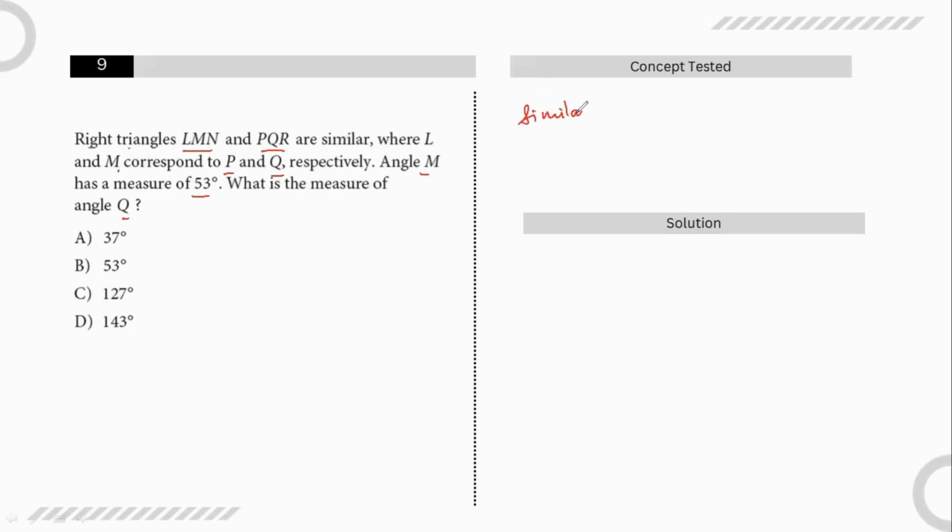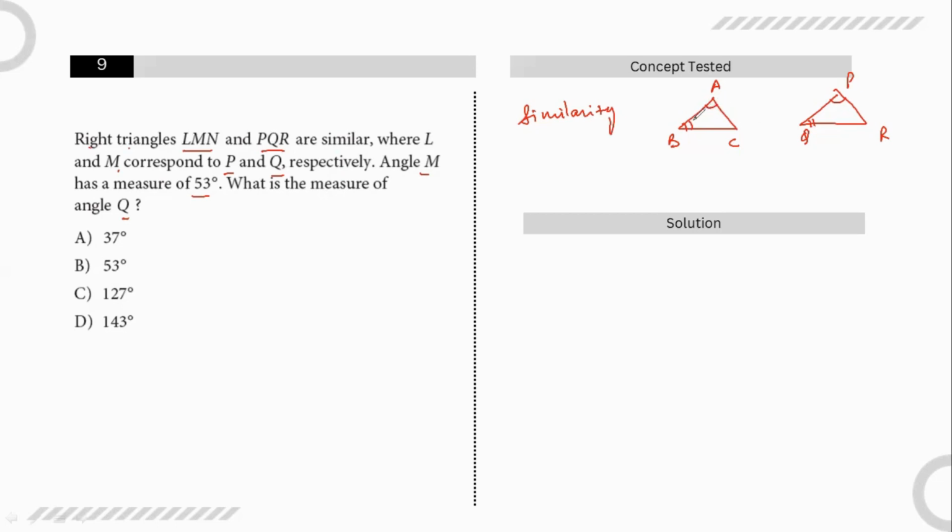If two triangles are similar, let's say ABC is similar to PQR, they are similar only when their corresponding angles are equal. If angle A is equal to angle P and angle B is equal to angle Q, so if two angles are equal, then you can say that the two triangles are similar. A minimum of two angles should be equal.